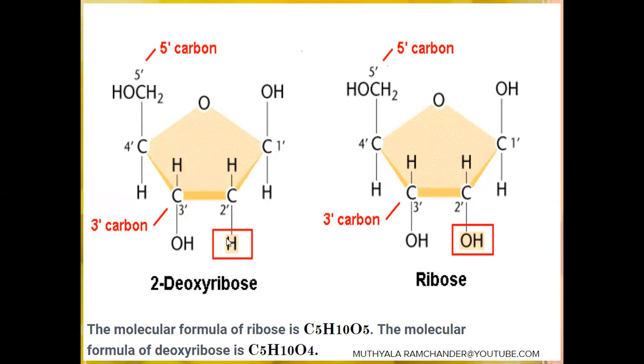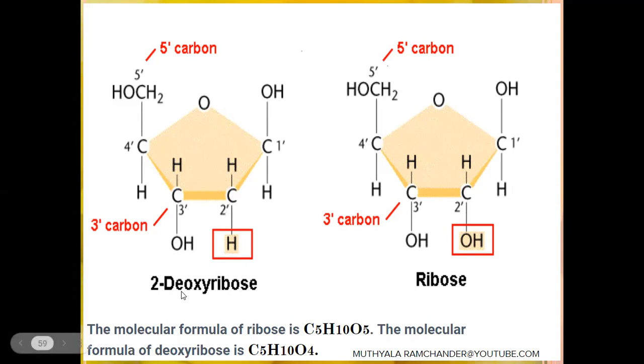One oxygen atom is eliminated from the ribose, from the second carbon atom of the sugar molecule. So this sugar is called deoxyribosugar.